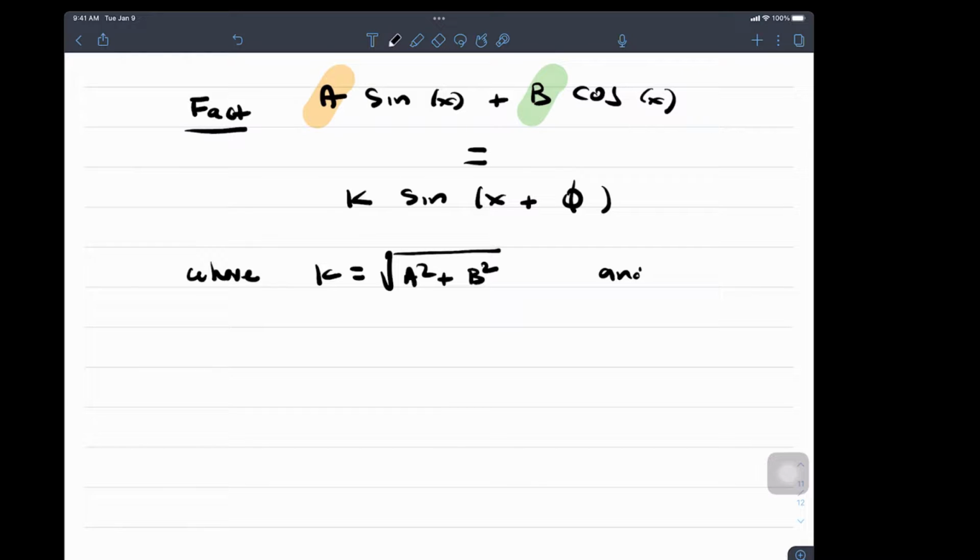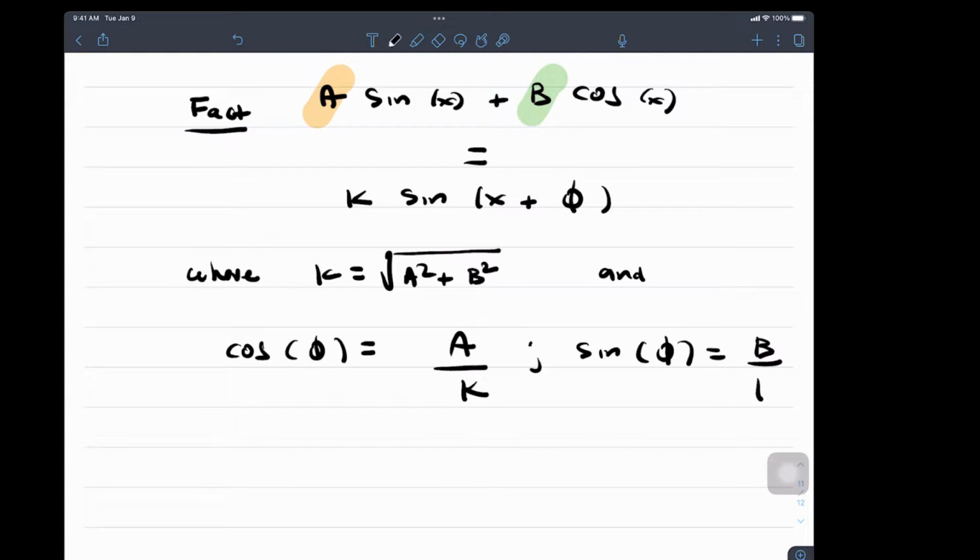Cosine phi is defined to be A over K, and sine of phi is B over K.